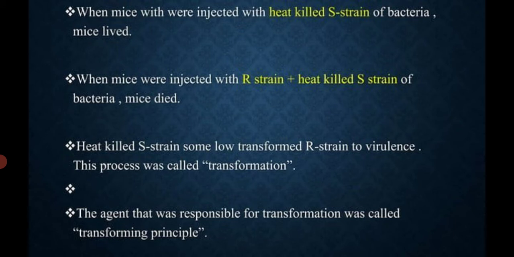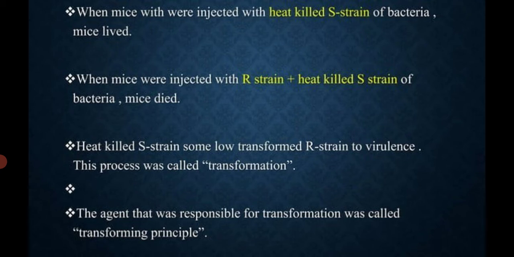If you want to study it, in my channel there is another video, its link is in the description box, so go through it and watch the Griffith experiment, especially the fourth step where the mice were injected with a heat-killed S strain of bacteria plus an R strain, and at this step the mice were killed.